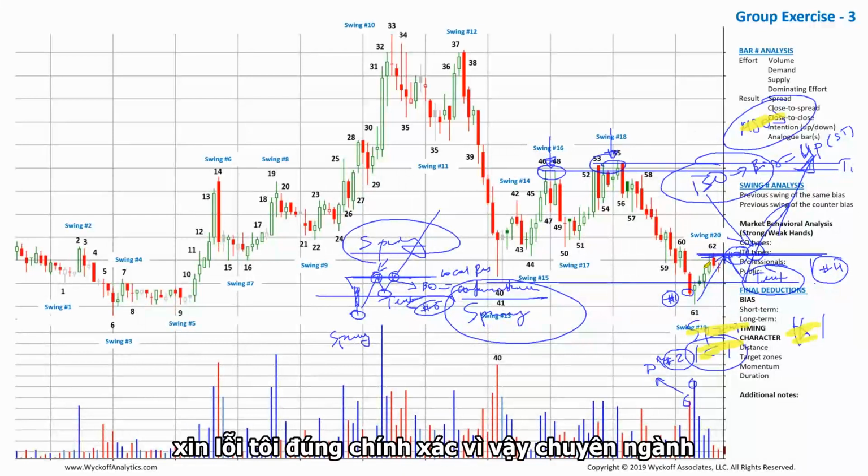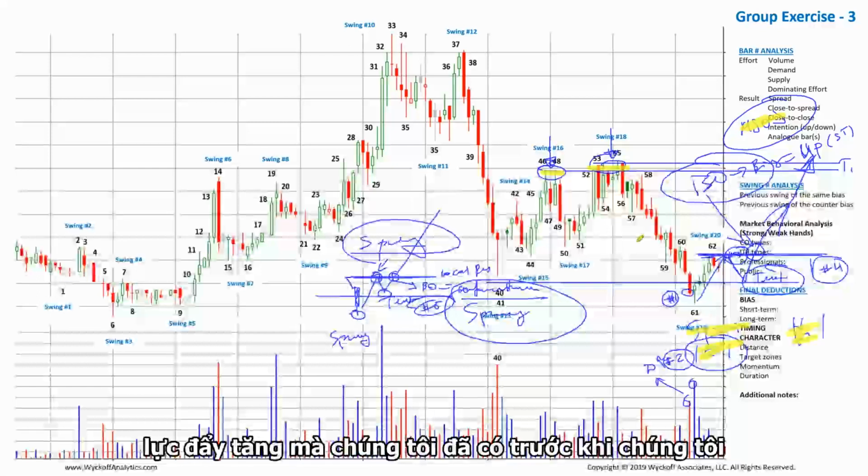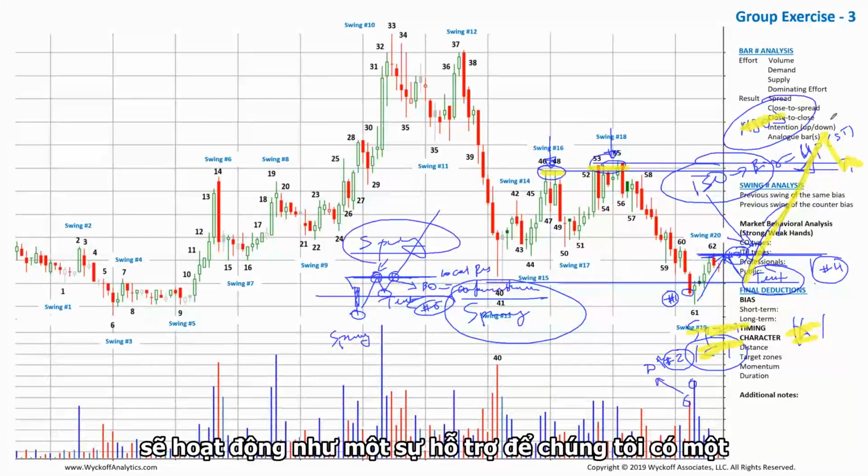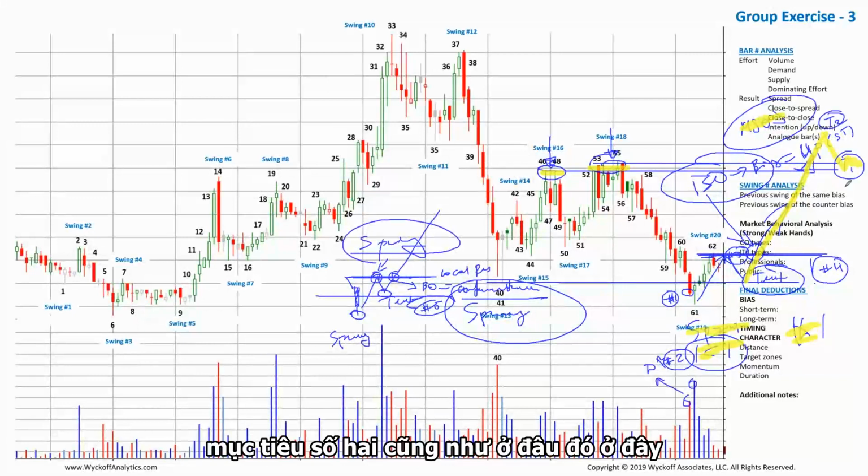So the major sign of strength, in comparison to all of the upthrusts that we had before, would travel through the trading range, starting at the lows of phase C, would commit above the resistance cluster that was created in phases A and B, and then would come back into the area of that resistance. Now that is going to act as a support. So we have a target number 2 as well, somewhere here. So 2 targets. That was question number 1.